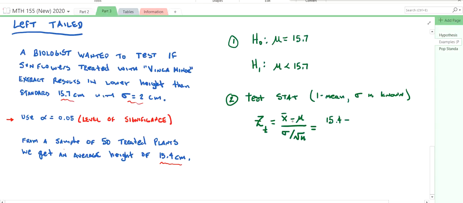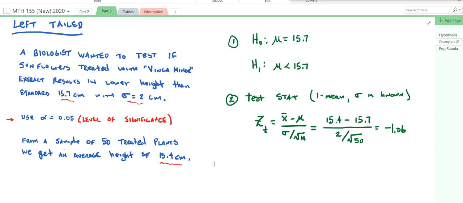We subtract from that our population mean, 15.7, and divide by the population standard deviation of 2 over the square root of our sample size, which is 50. Calculate that. I get a value of minus 1.06.